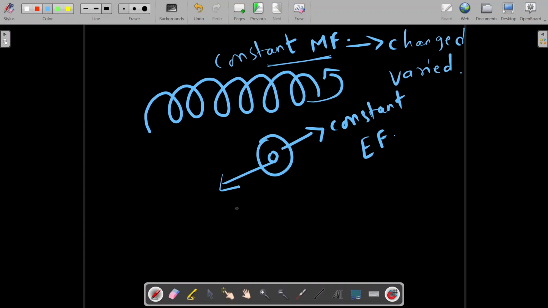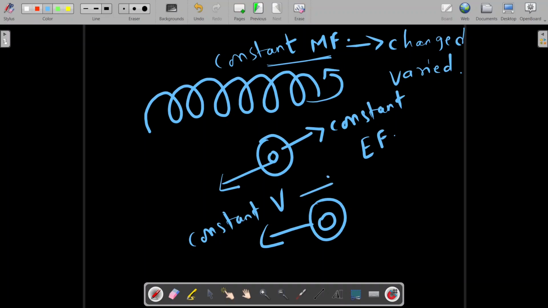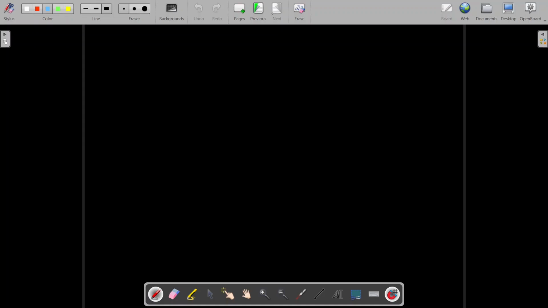If the electron moves with the same or constant velocity, it causes a constant magnetic field. What if the electron accelerates?